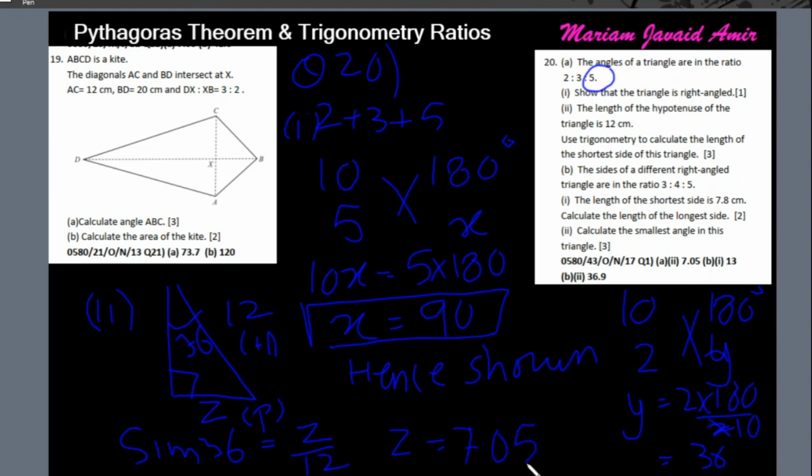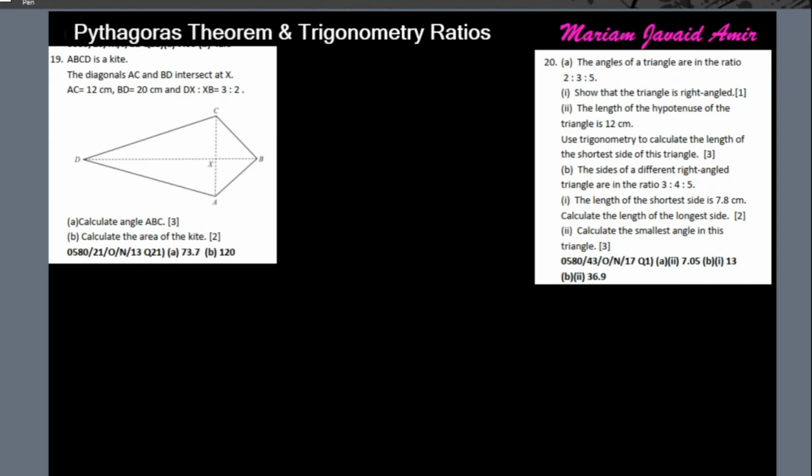Something has gone wrong somewhere. No, in fact, it is 7.05. I was looking somewhere else. So we do have the length of the smallest side, which is 7.05. Okay. Next up is part B.